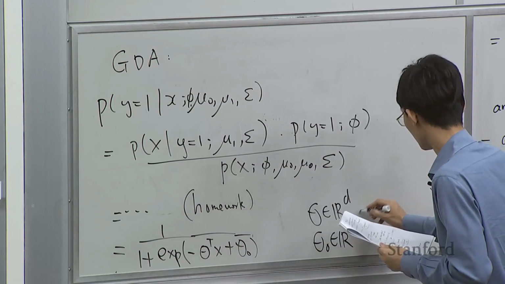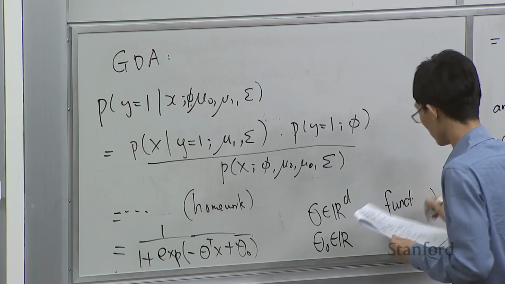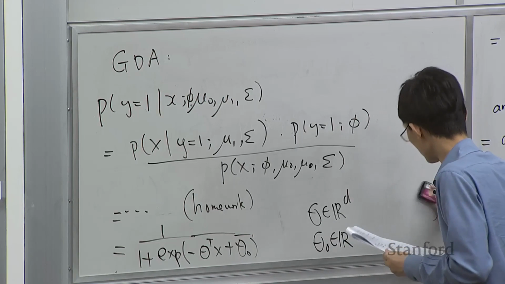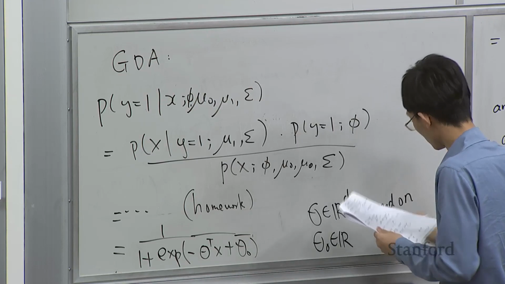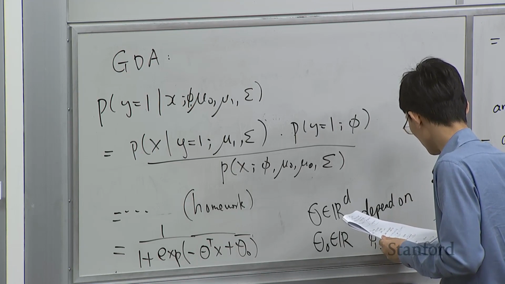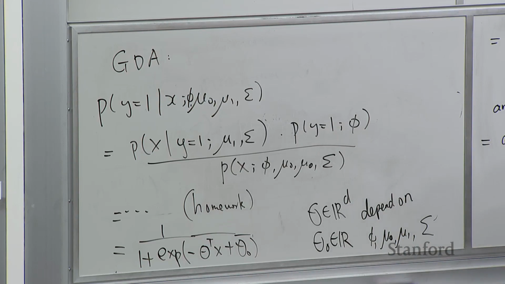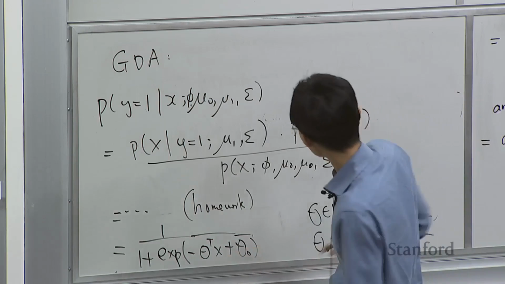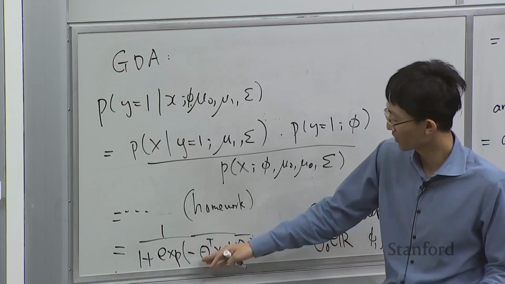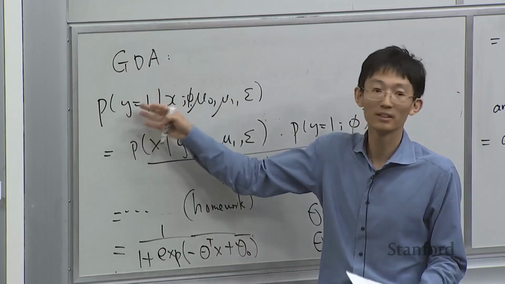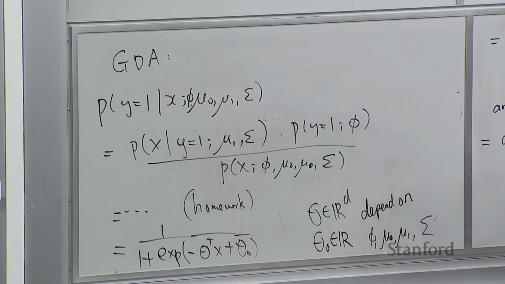They depend on phi, mu 0, mu 1, and sigma. Eventually you get all of these parameters, use them to compute theta and theta 0, and then you get the probability of y given x. Then you want to compute a decision boundary.